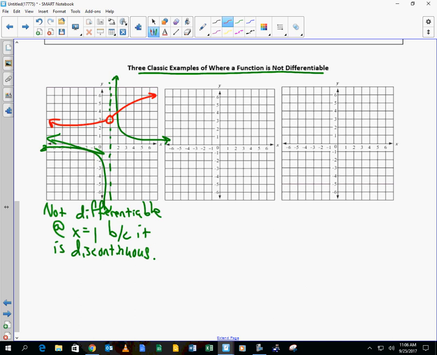Another example. This is not differentiable at x equals 1 either. Anybody want to make a guess as to why?